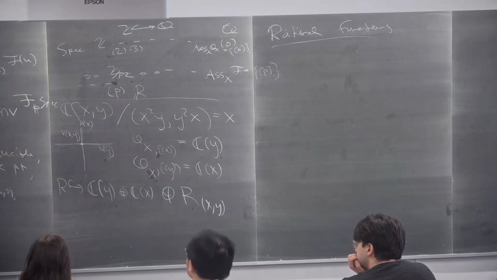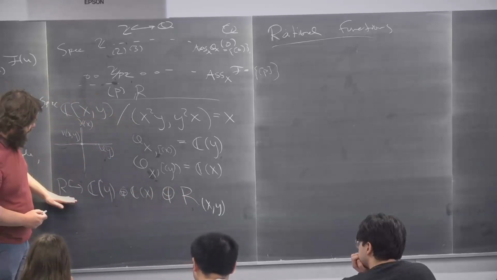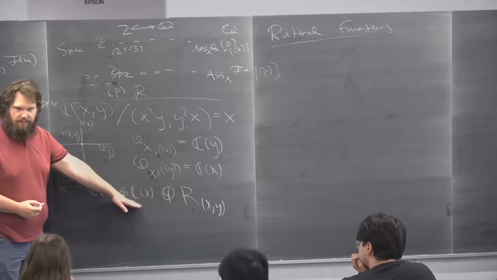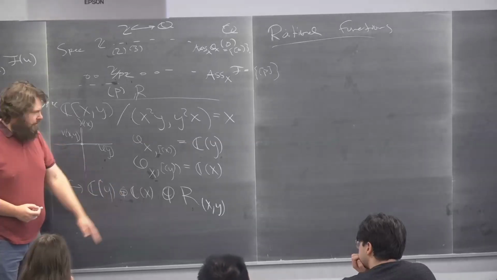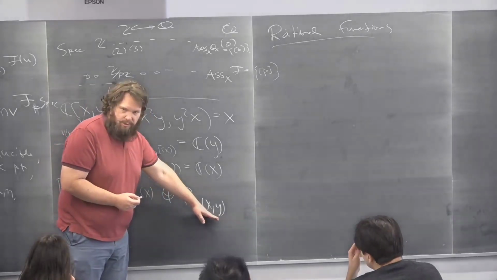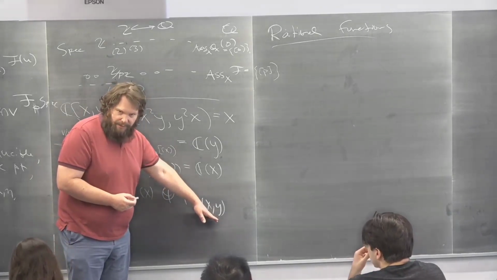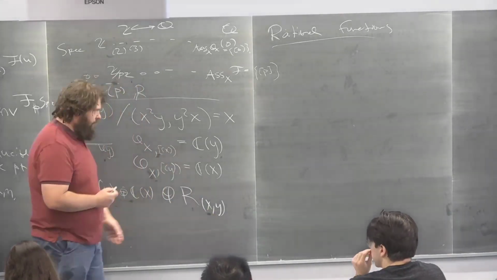Exactly. If I didn't have this last term, x times y, which is a non-zero element of this ring, it goes into here and is sent to 0. So why did I include that? Why is (x, y) an associated prime? It's because it's the annihilator of x times y as an element of the ring.